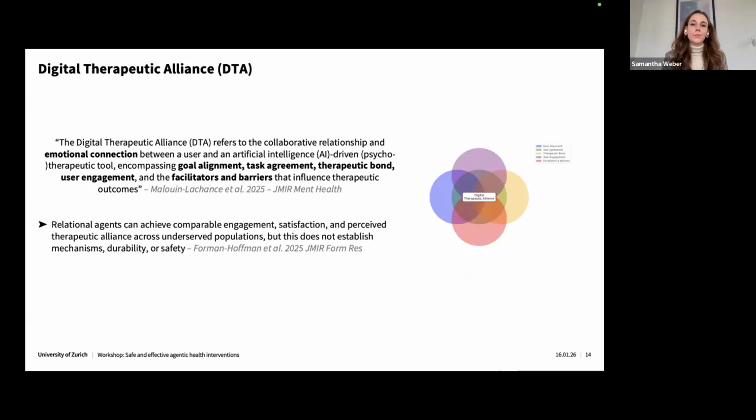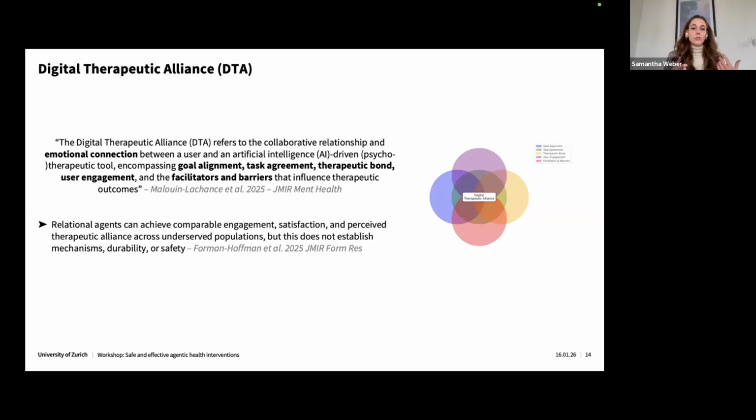Up to now, we have talked about this mostly in terms of system behavior: detection, escalation, and what architectural constraints we should have. But in digital mental health, trust is not only about what a system does, but also about how it relates to a person over time. This is where the concept of therapeutic alliance becomes unavoidable.